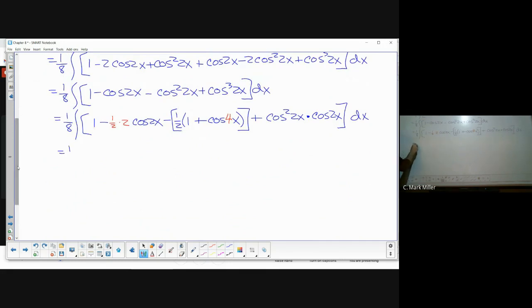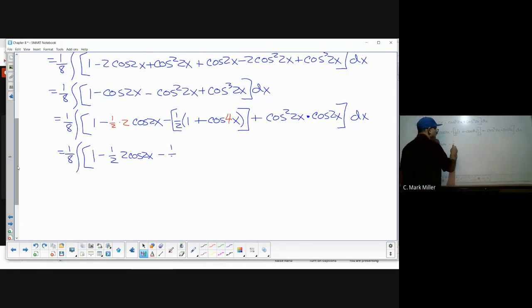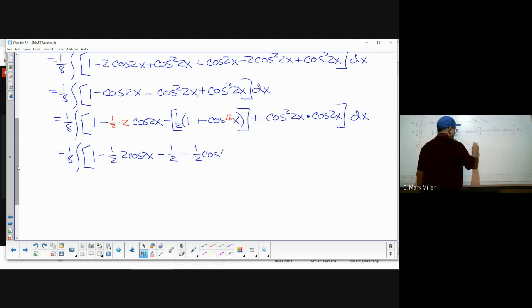1/8 integral bracket 1 minus 1/2 2 cosine 2x. That's ready to go. Now I have to distribute this 1/2. I'm going to get a minus 1/2 cosine 4x.